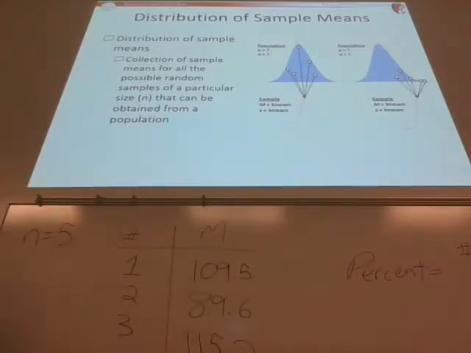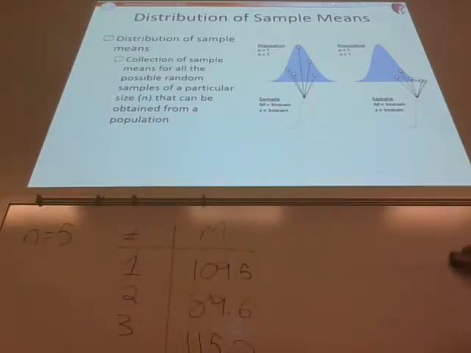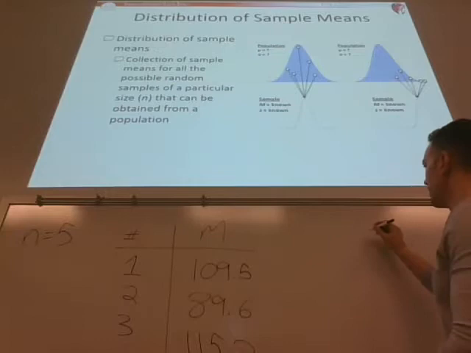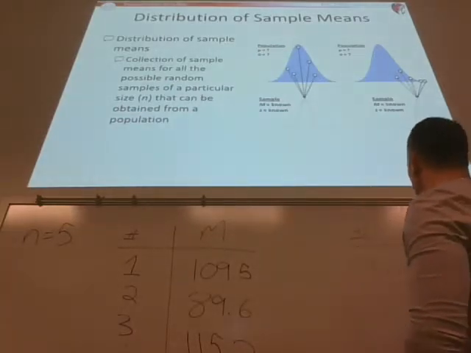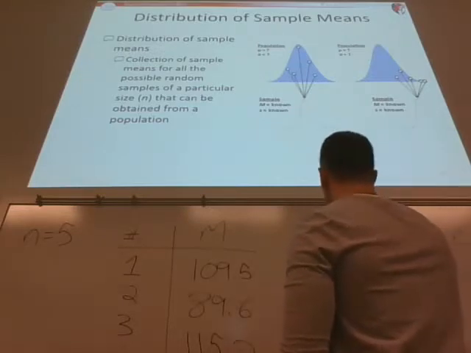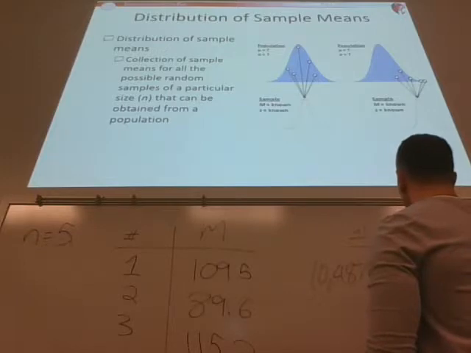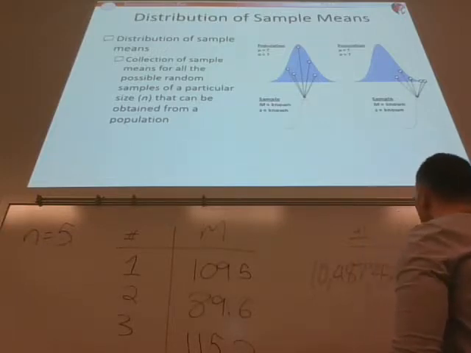You then say, get out of here. And you keep doing this. You do this, and this is the part that's kind of hard to wrap your brain around. You do this for all the possible random samples of a particular size that can be obtained from a population. So at some point, you're going to have sample number 10,487,352,451.